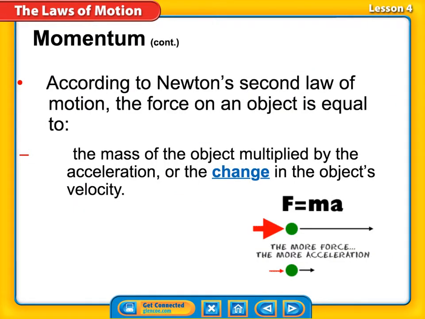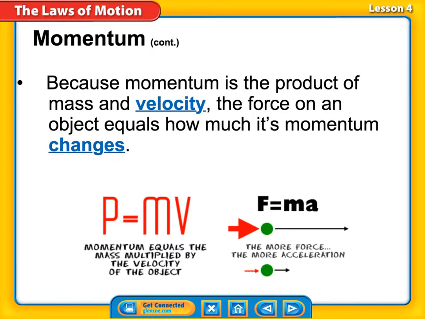All right, so going back to Newton's second law, there's something that should be noted here. The force on an object, according to Newton's second law, is the mass times the acceleration, if you remember right. So the more force that you have, the more acceleration that you have, okay? This is also the change in the object's velocity. Now these quantities are similar to p = mv.